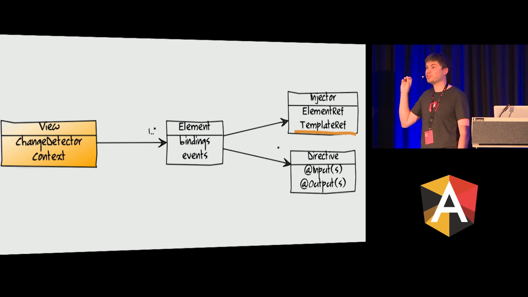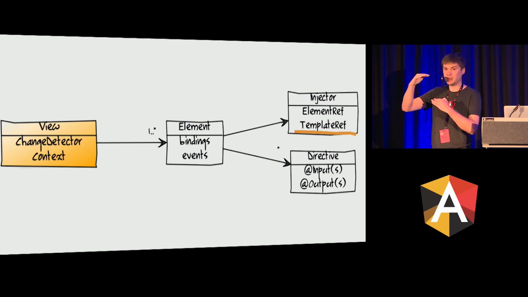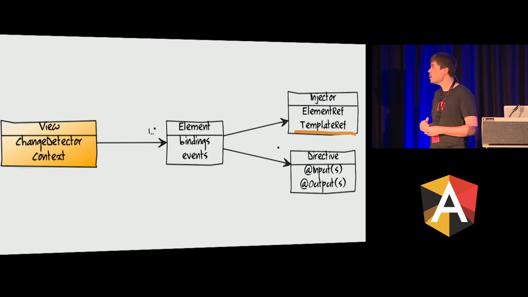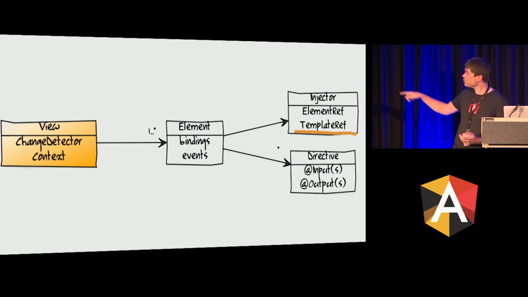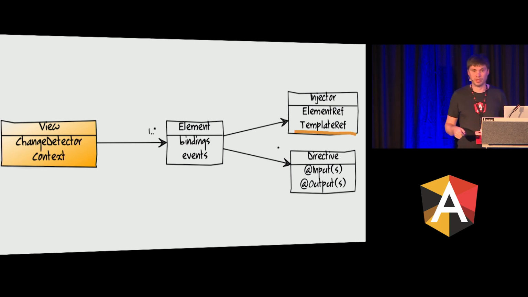We introduced the concept of the view. And once again, the view in the Angular 2 context is the set of nodes which stay the same. They always stick together. You cannot insert new DOM nodes. You cannot remove them. You can insert new views, but you cannot remove or add nodes. We also saw that I can inject the template reference if I happen to be sitting on the template element.